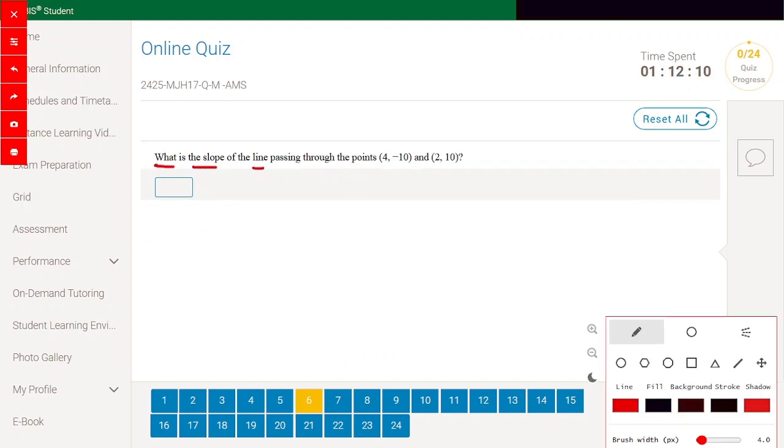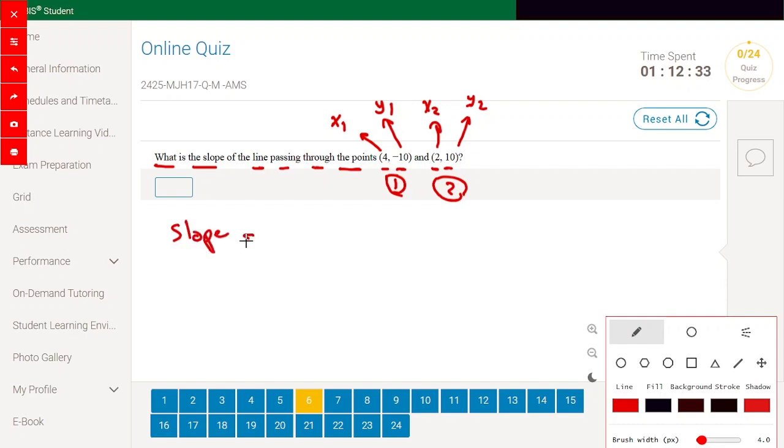What is the slope of the line passing through the points (4, minus 10) and (2, 10)? So this is point 1, this is point 2: 4 is x1, minus 10 is y1, 2 is x2, and 10 is y2. So the slope equals y2 minus y1 divided by x2 minus x1.